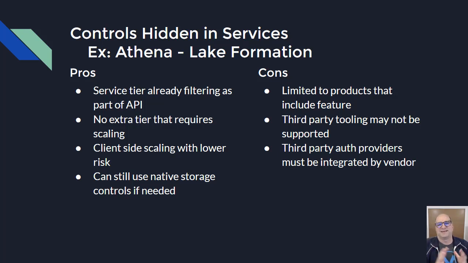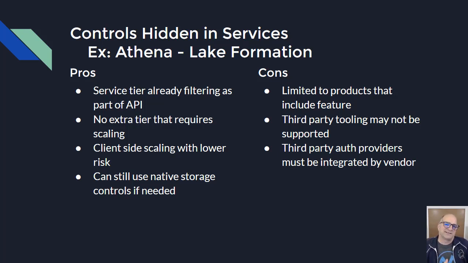The downside of this is, man, you can be really limited to certain vendors' products to make it work. So you get this great abstraction, but if you want to use some other product, that abstraction layer is not going to be available in other companies' products. So you can get a little bit of vendor lock-in on this, or a fair amount, but you can get it faster to market, and you get the controls you want without having to stand up any of your own clusters.